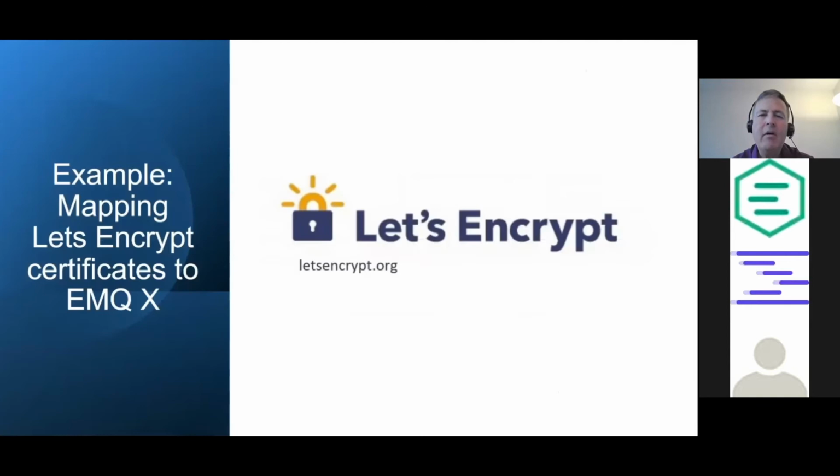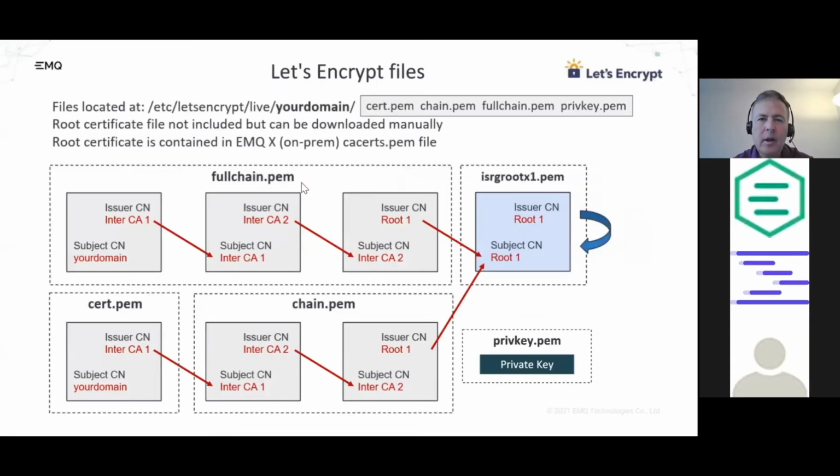Now I'll give you an example of how to map Let's Encrypt certificates. If you get Let's Encrypt certificates, by default they're going to be located at /etc/letsencrypt/live in whatever domain you choose. These are the files that you will get. The root file is not included, but you can download it manually if you want.